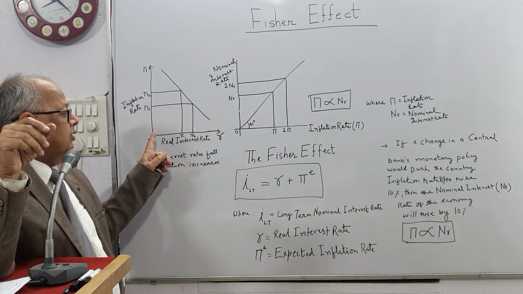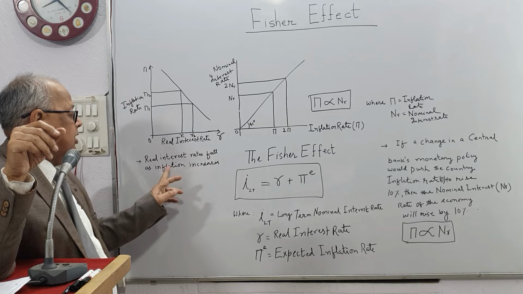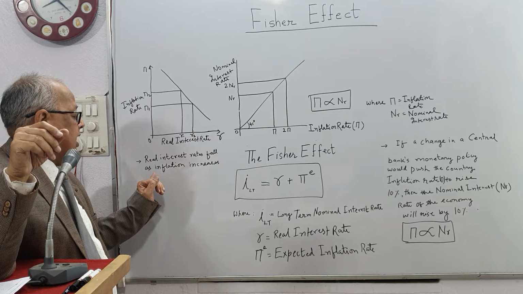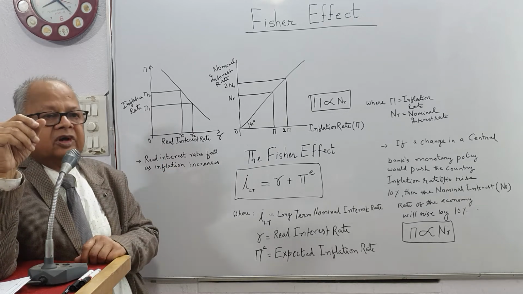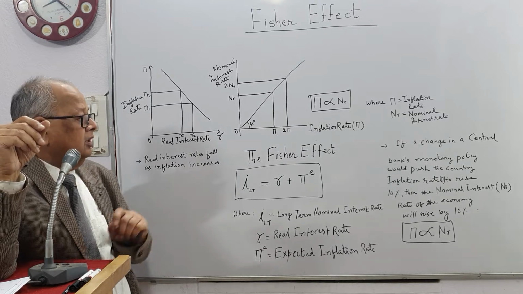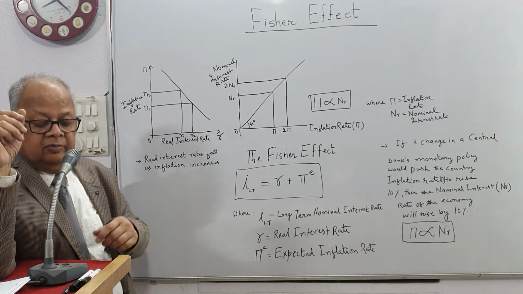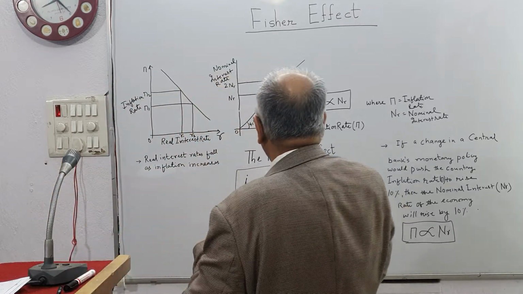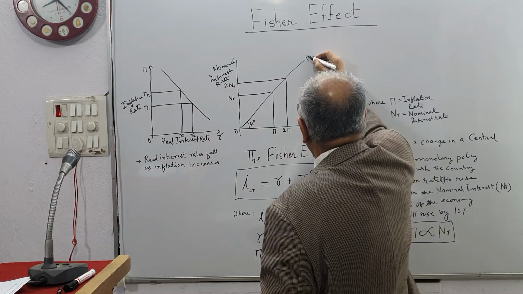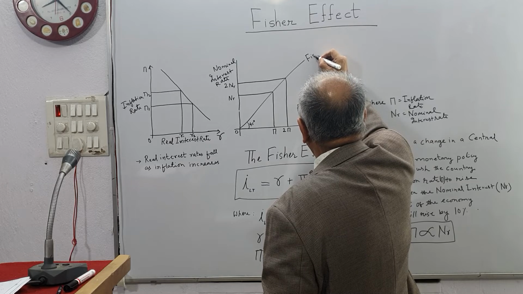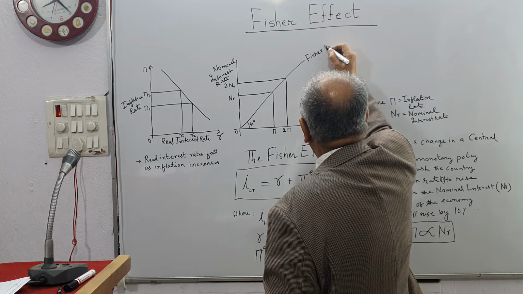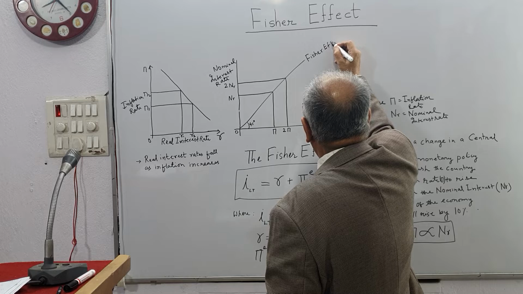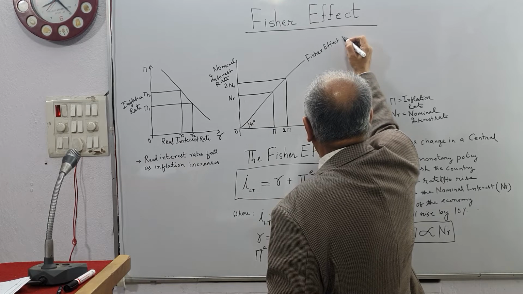The first diagram is related to the inverse relationship between interest rates and inflation rates. This diagram is very important, because everywhere in international discussion, this will be known as the Fisher effect line.